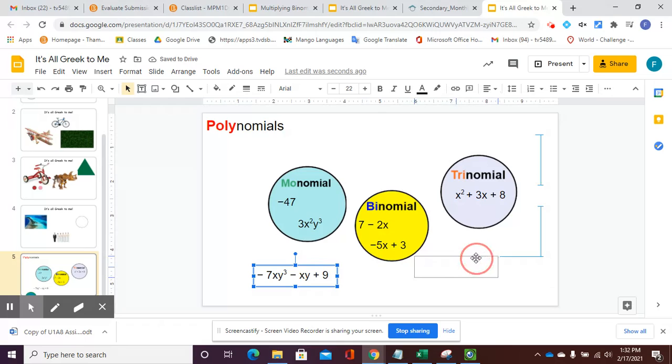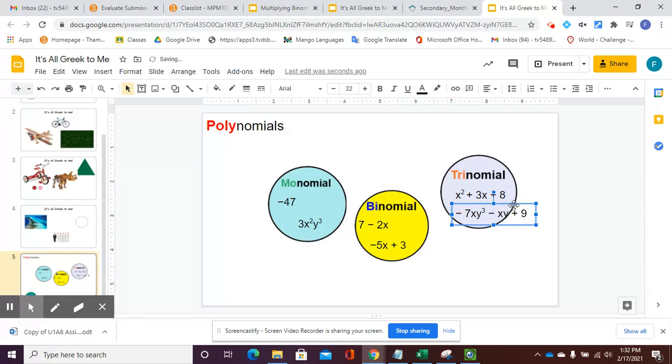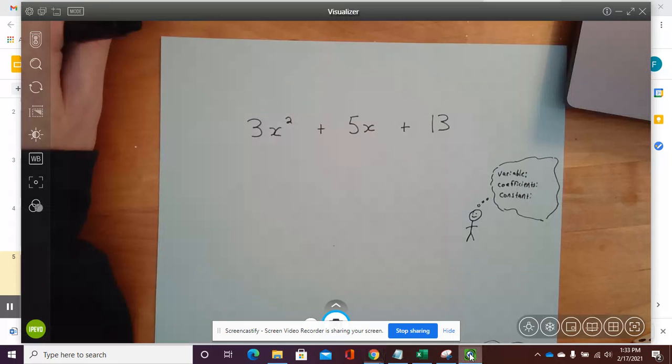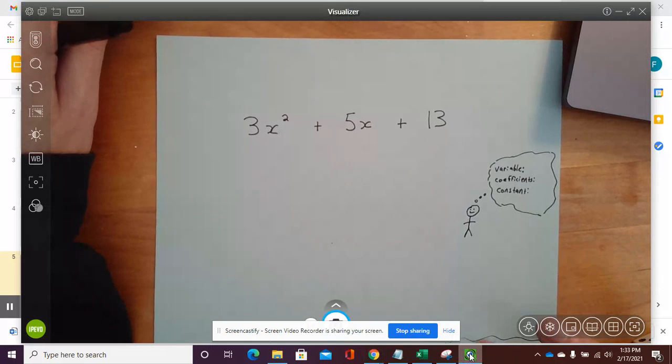So again, you notice that there's 3 things being added together in each of these examples. So that's kind of the first vocabulary that you'll need to know. This unit is all about working with polynomials, which is expressions with multiple terms. And we're going to think about mono, bi, and tri as we go through today's lesson.